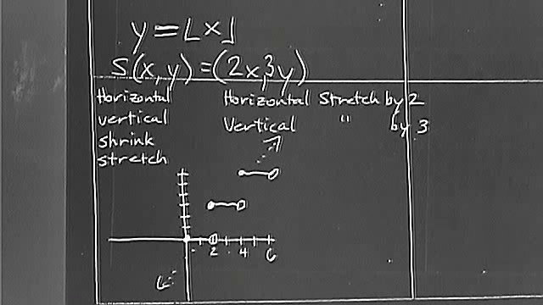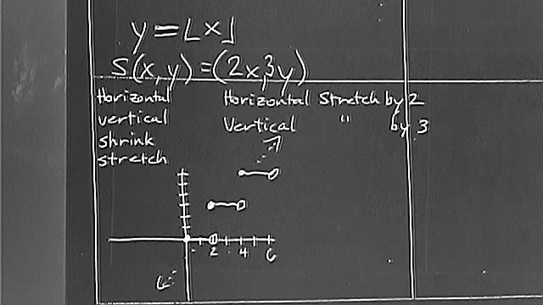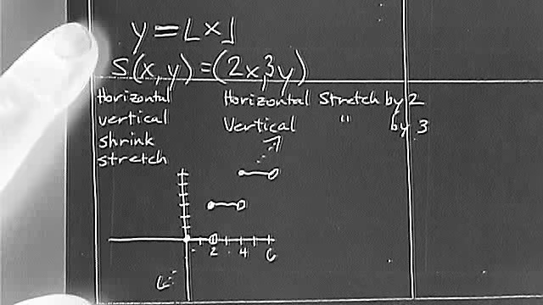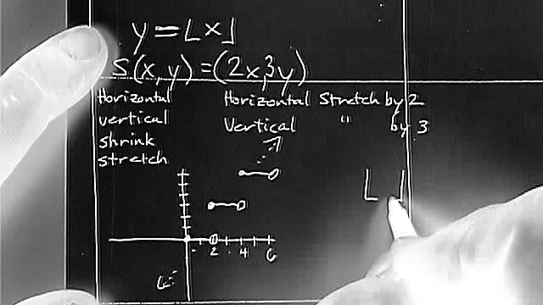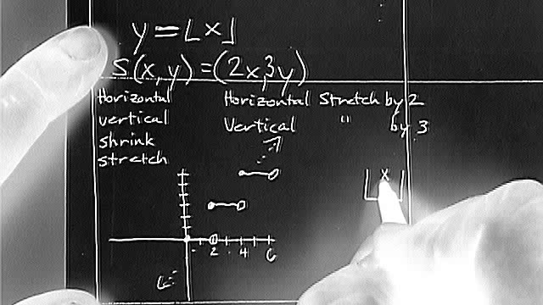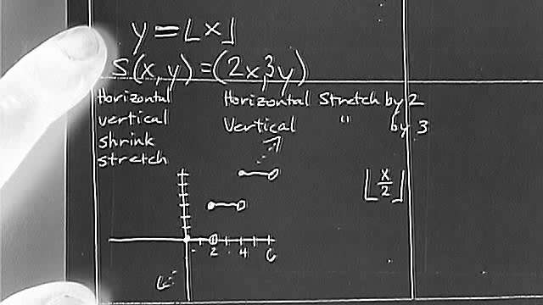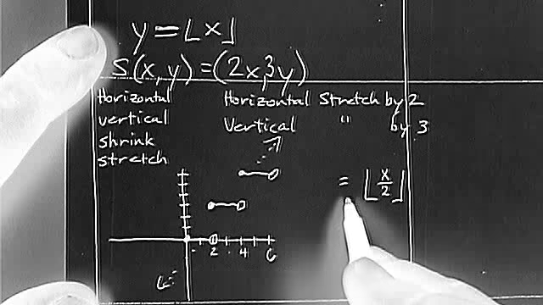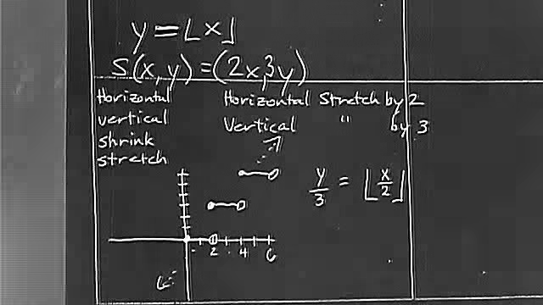So what does the equation of this image look like? Well, once again, this is the part you don't like. It's the part where we substitute in what looks like the opposite. So when it says 2x, in the place of the x in the parent function, we replace that with x over 2. Now we could have also said 1/2 x. That's also okay. And on the other side, we're going to have replaced the y with y over 3.